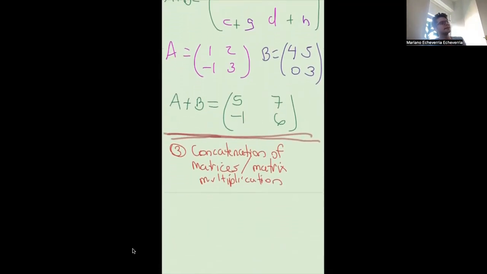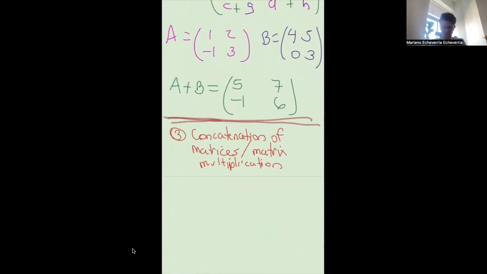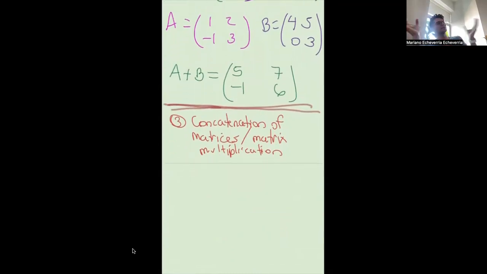If you think about it as an electric circuit, that would be the analog of putting them in series. Think of the matrix as some sort of machine or a resistor, and then you put them in series.